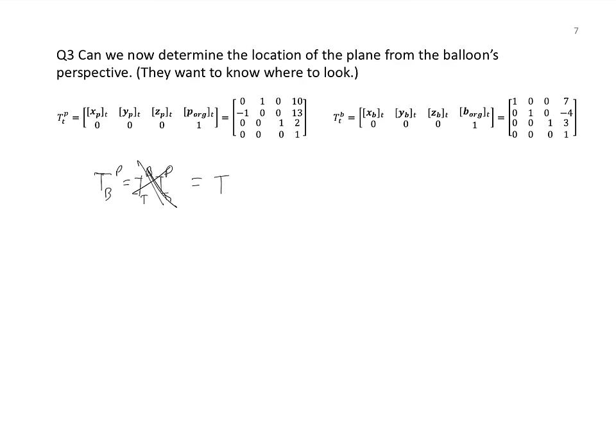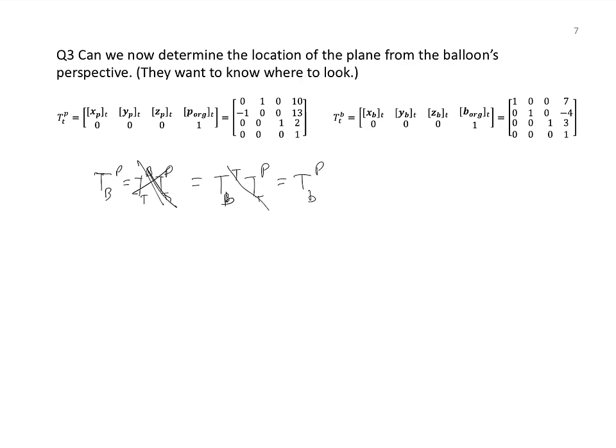I need something that will allow me to go from plane to tower, and then tower to balloon coordinates, because then those two will cancel out, and I will end up with my transformation that takes me from plane coordinates to balloon coordinates. Sorry, I'm swapping between big B's and little b's here, but they should hopefully be the only b's in here. Okay, so that's what we need.